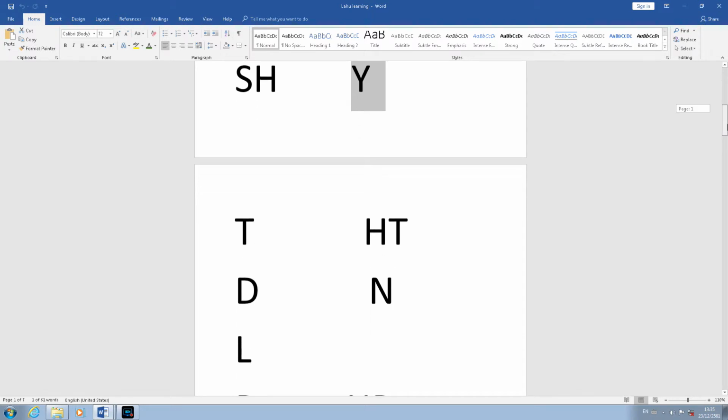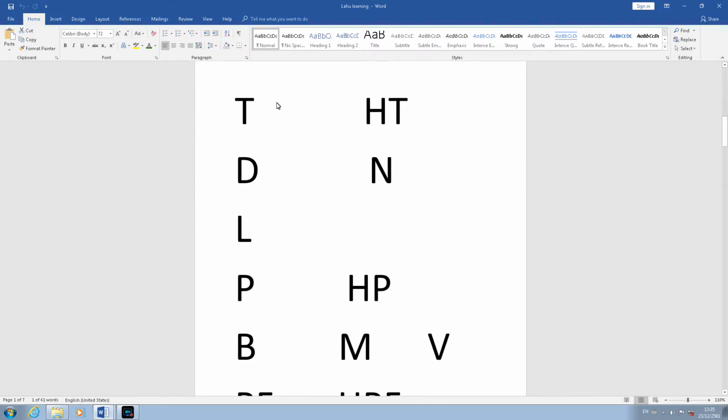And we will go to the next one. This is ta. This Lahu consonant, you must sound ta.